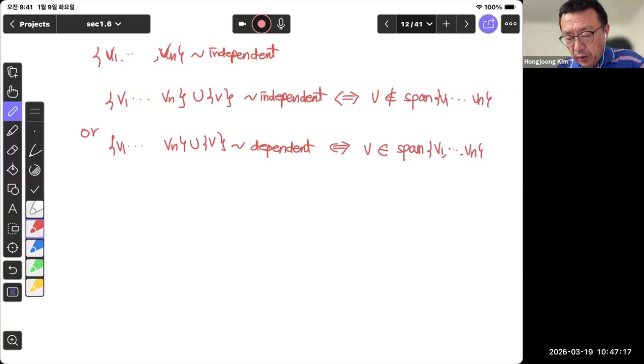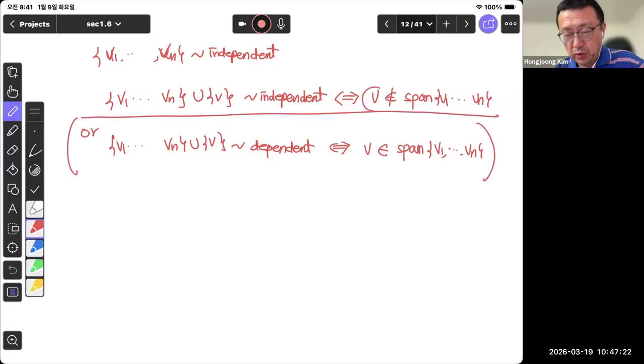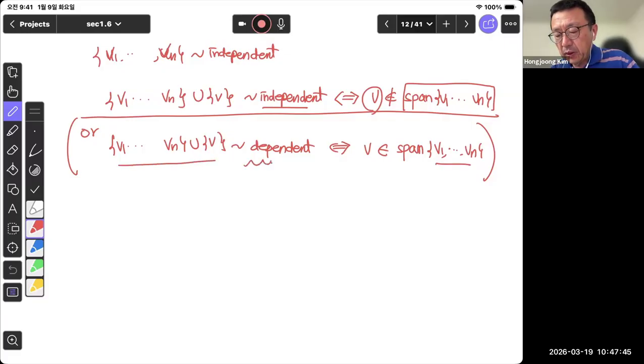So anyway, since we have this, if this v was chosen outside of this space generated by n vectors, then the union of n plus 1 vectors will still be independent. But if that vector was chosen from the space generated by these n vectors, then this union will definitely be linearly dependent. So we had that theorem.